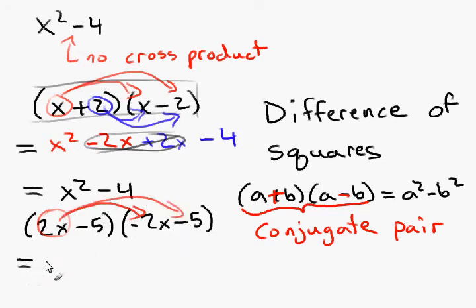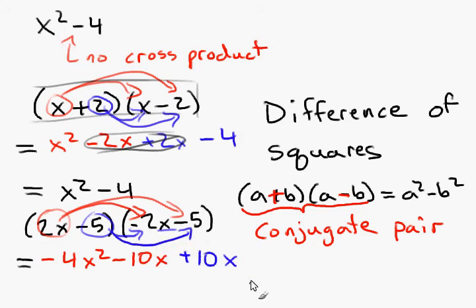So we'll have 2x times minus 2x, that's minus 4x squared. 2x times a negative 5, that's minus 10x. Then we'll take our negative 5, distribute. Negative negative makes it positive. 5 times 2, 10, and the x stays x. And then these guys get multiplied together.